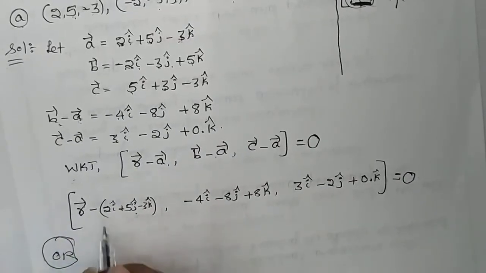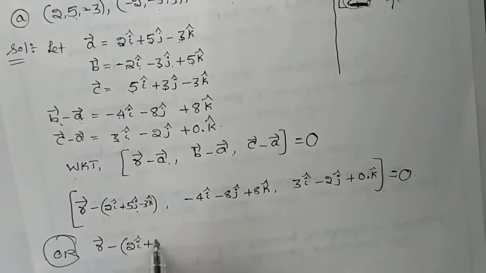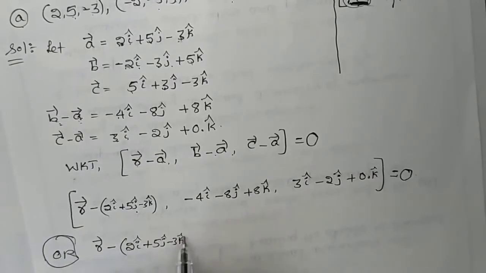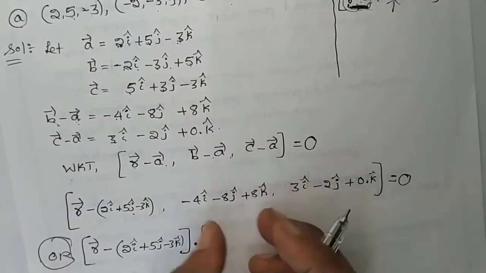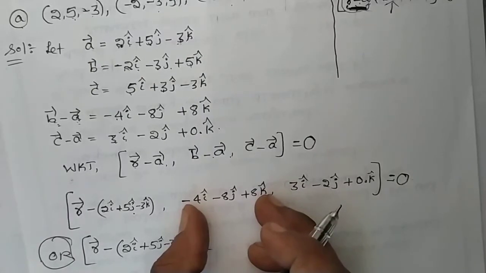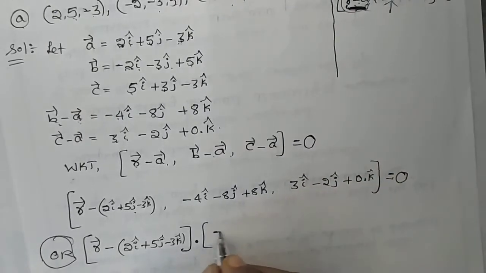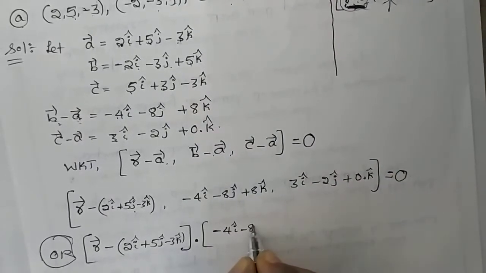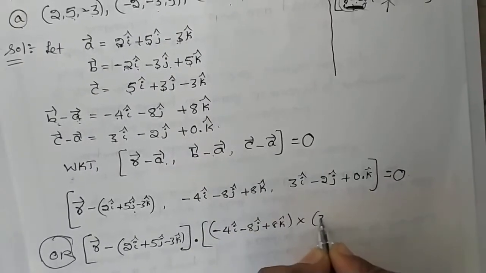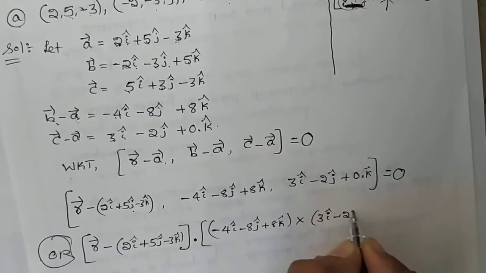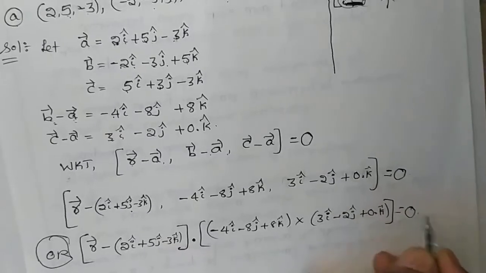r minus (2i plus 5j minus 3k) dot (minus 4i minus 8j plus 8k) cross (3i minus 2j plus 0k) equals 0.